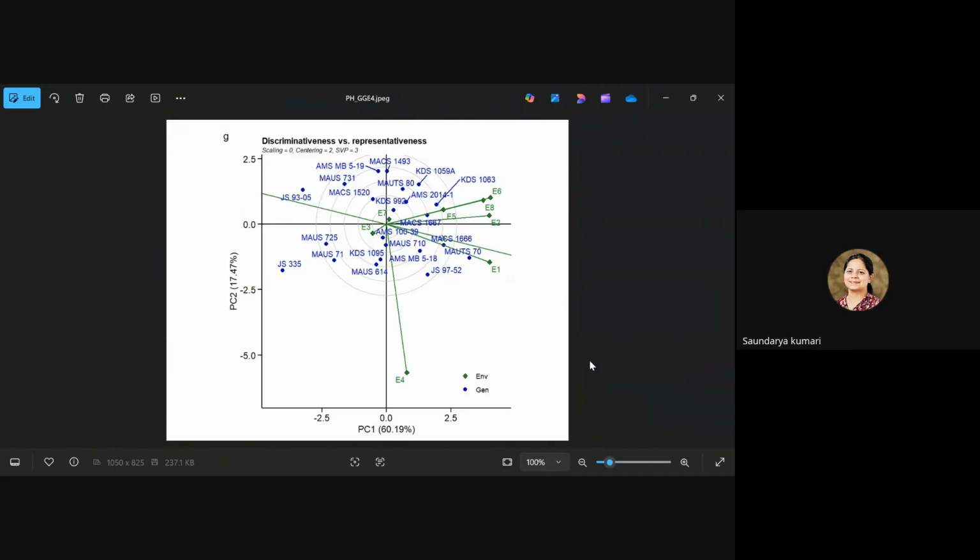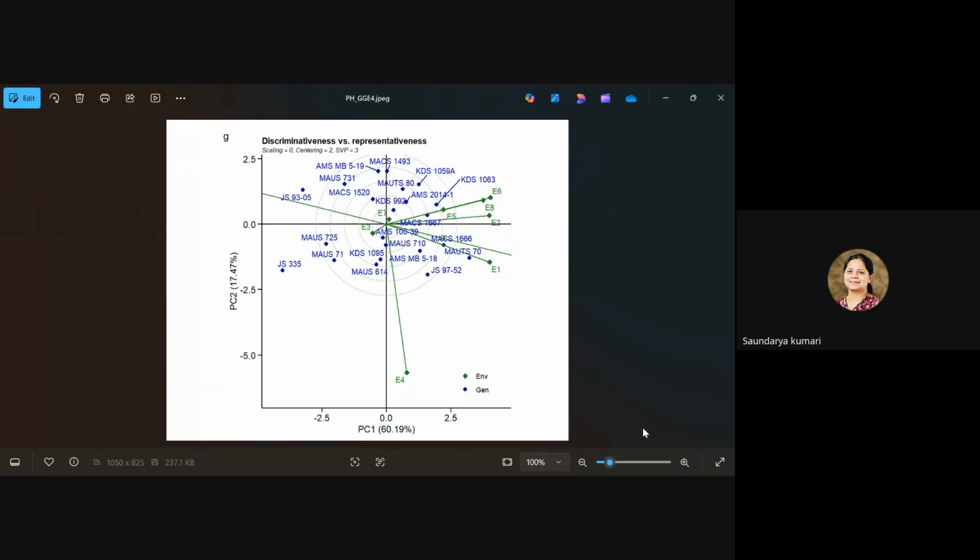Excuse me, sir. In this graph, one minute, madam, just one minute. Okay, now you can speak. In this graph, we are saying about genotype and environment. For both we can say discriminativeness and representativeness.